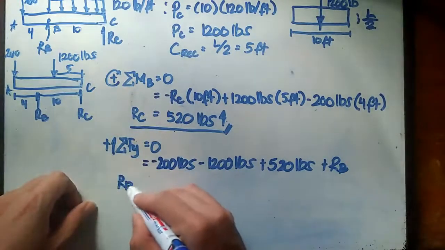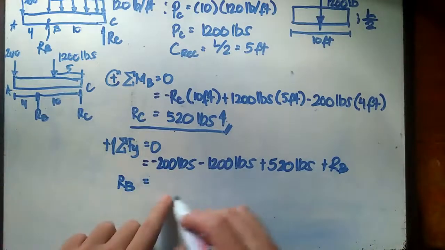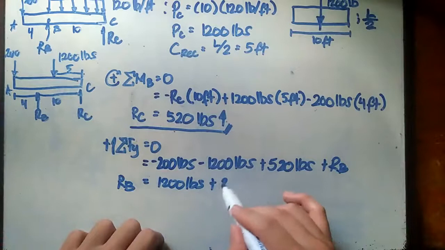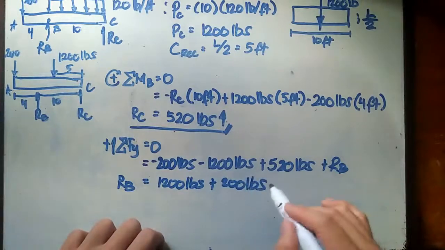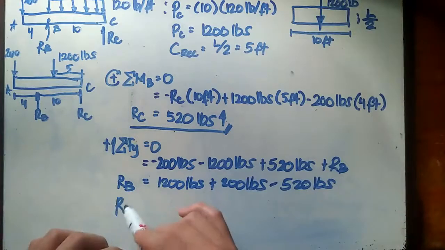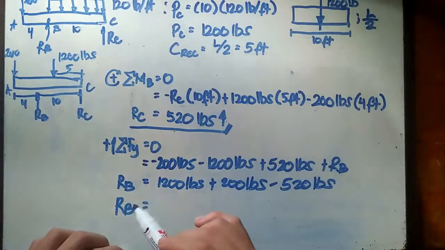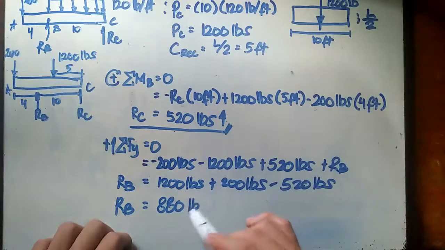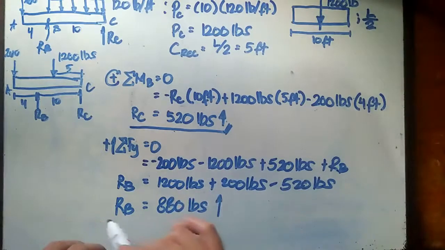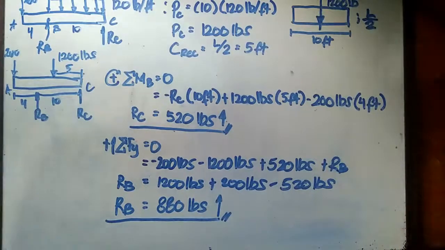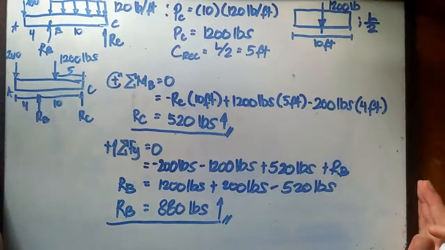So R sub B is equals to 1,200 pounds plus 200 pounds minus 520 pounds. So the value for the reaction at B is equals to 880 pounds going upward. So we managed to solve for the reactions for our given beam.